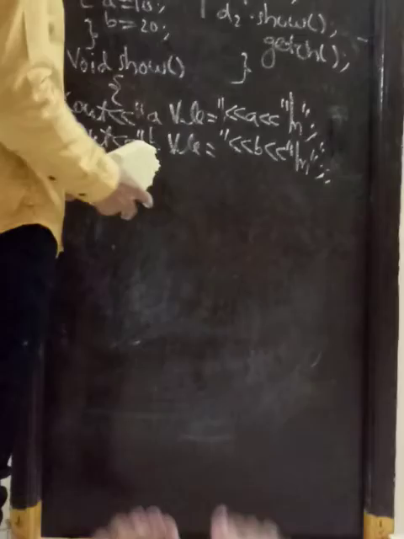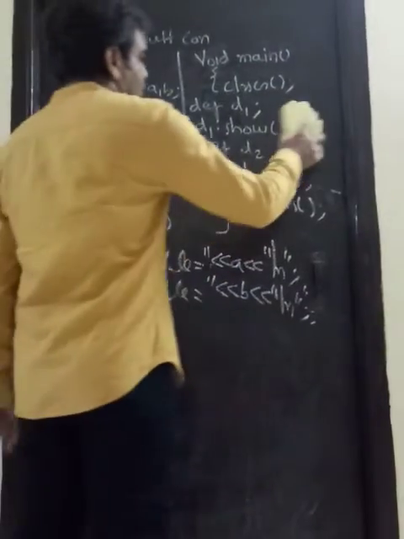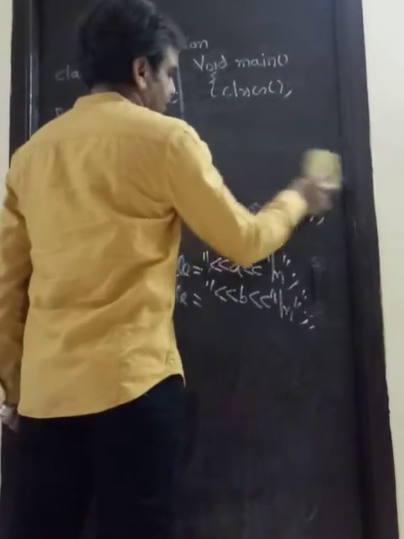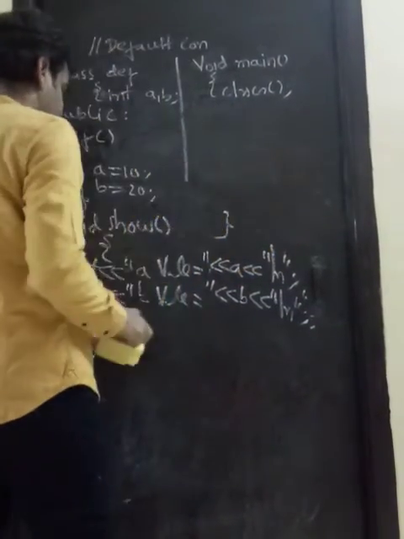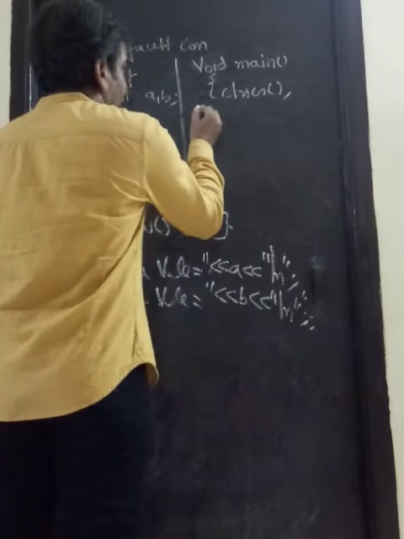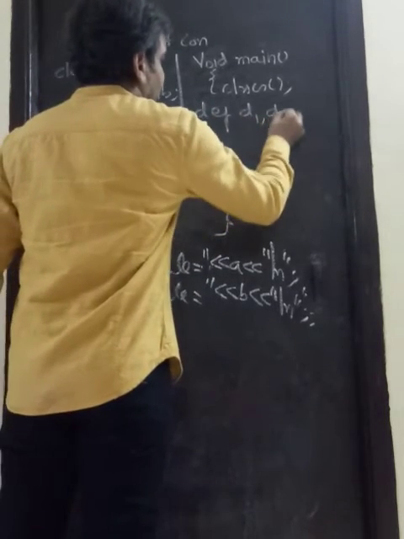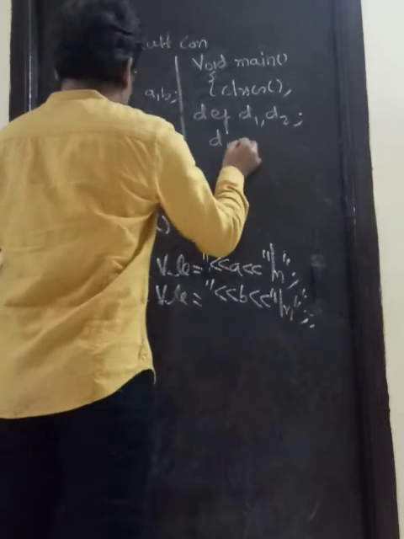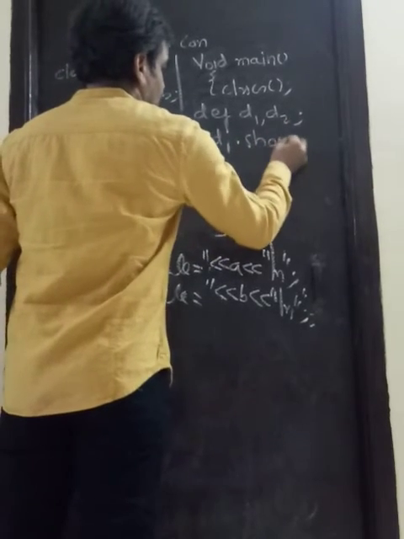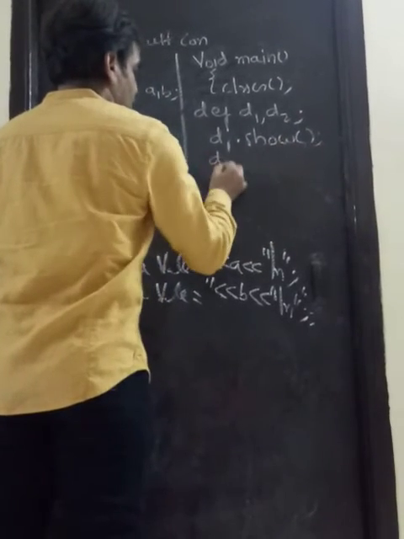Next, in this program I am just changing how I create objects. See, def d1 comma d2, then d1 dot show, then d2 dot show.